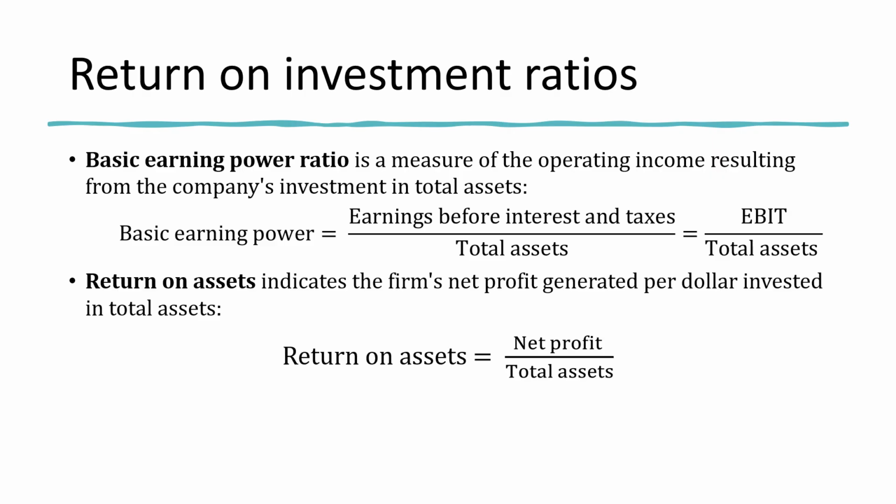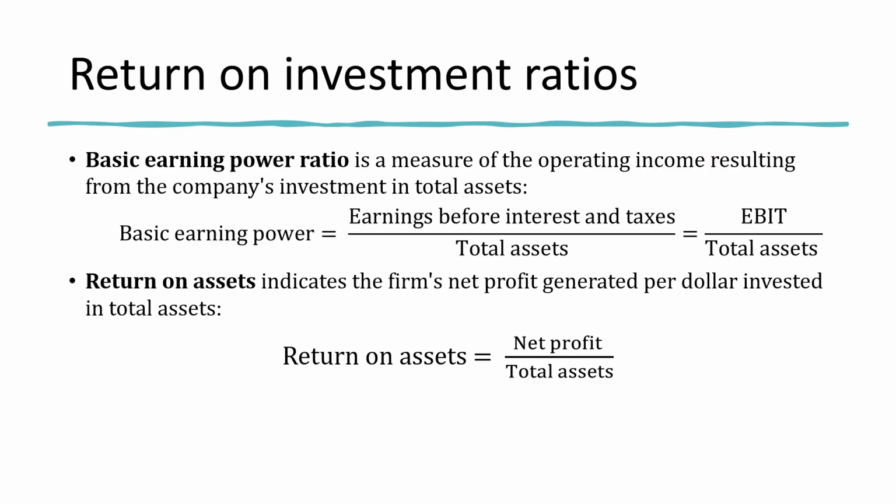One is the basic earning power ratio, comparing operating income to total assets. So we think about putting the total assets to use, and the result is earnings before interest and taxes, or EBIT. And that is also a type of return ratio.